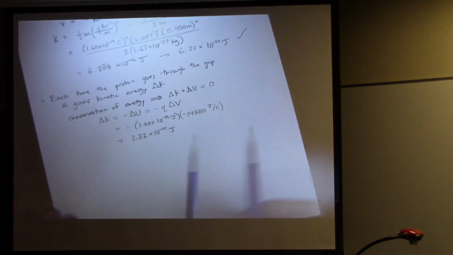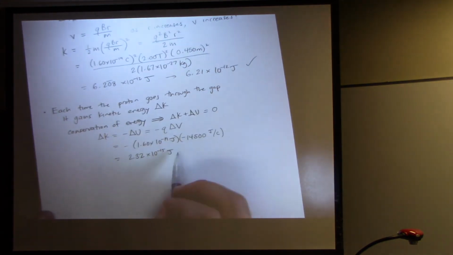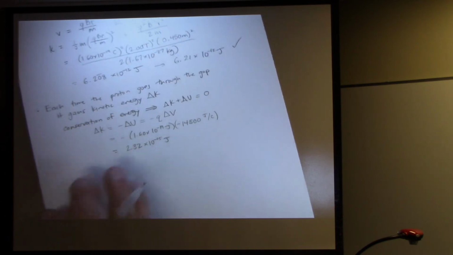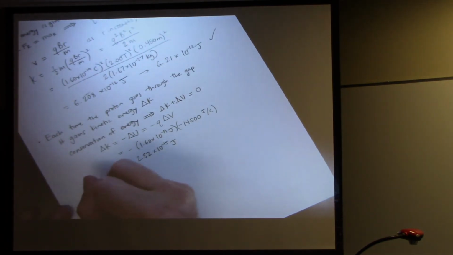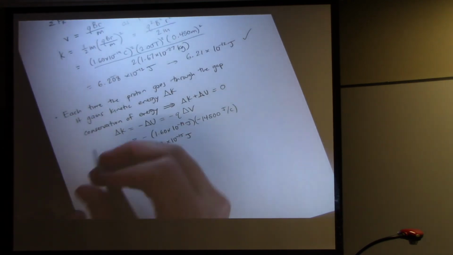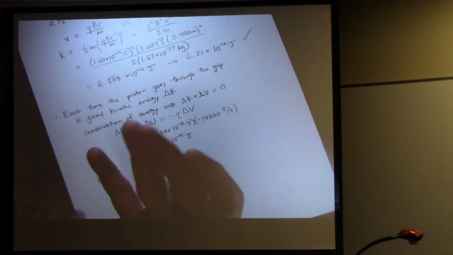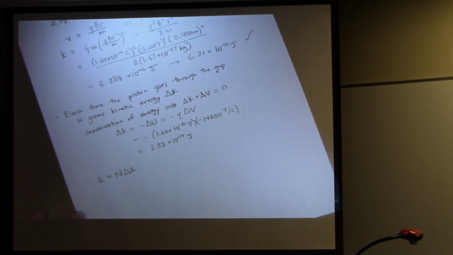Okay, so here, what do we have? The total kinetic energy that the proton eventually comes up with is this, and then each time it moves through the gap, it picks up this much. So let's write an equation that says K, the total kinetic energy of this proton, is n, the number of times it had to go through the gap, times delta K, which is the kinetic energy it picks up each time it goes through the gap.